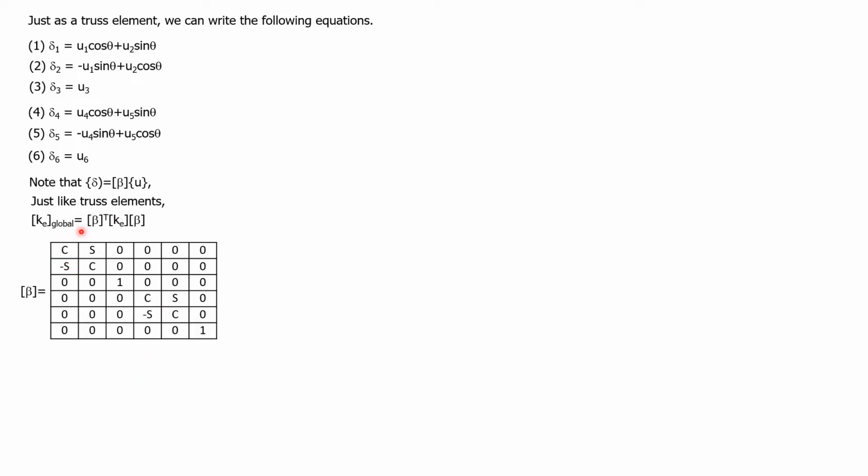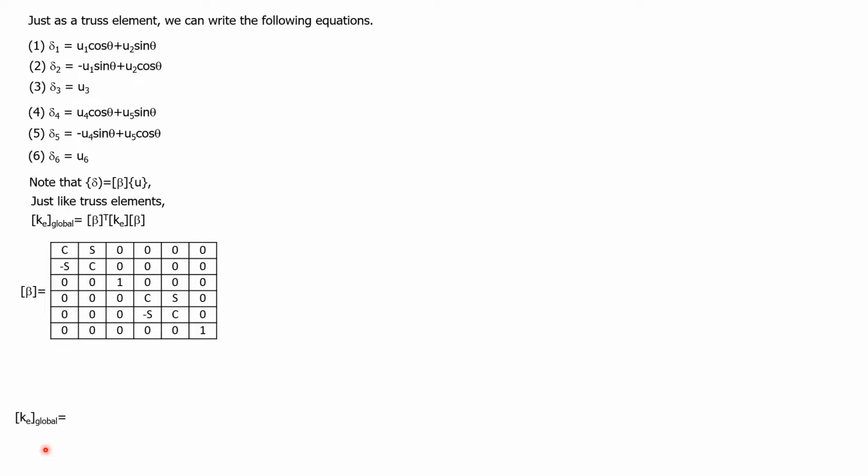So Ke global is equal to beta transpose times Ke, the stiffness of the individual element, times the beta matrix. Remember that the inverse of beta is equal to the beta transpose because of orthogonality.